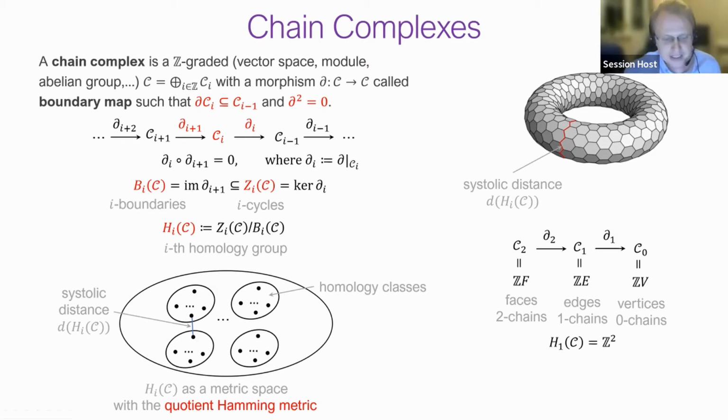So this homology group comes with a quotient Hamming metric. Geometrically, if we consider, for example, the toric code or some other similar constructions, it corresponds to the systolic distance, the weight of a non-contractible loop.